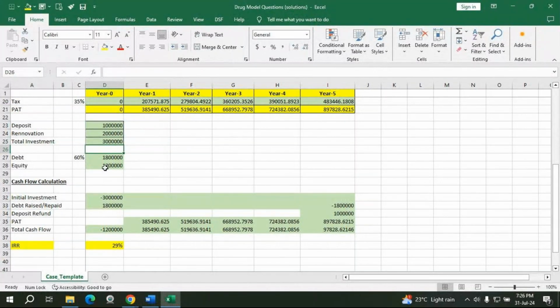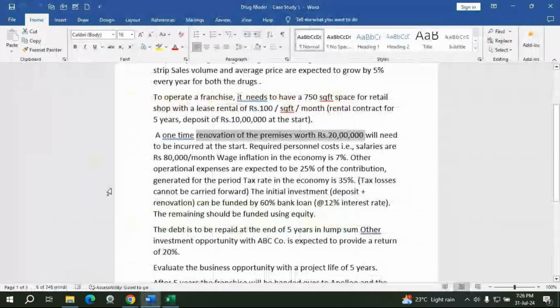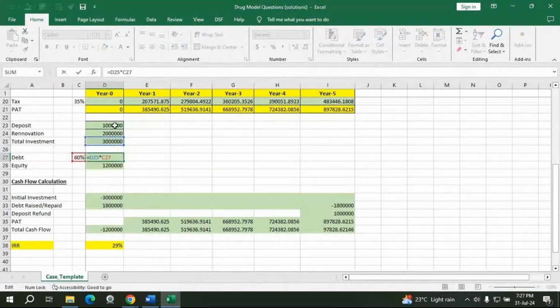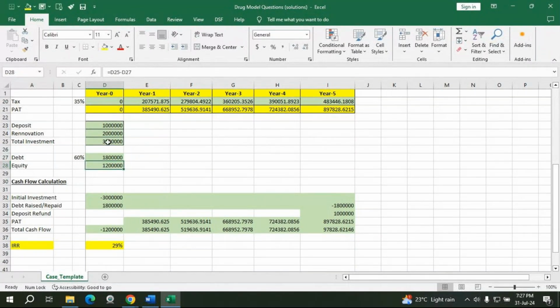In this, how much debt are they telling? The initial investment, deposit plus renovation, can be funded by a 60% bank loan. So for the debt, I took total investment into 60%. Okay, so equity will be total investment minus debt.